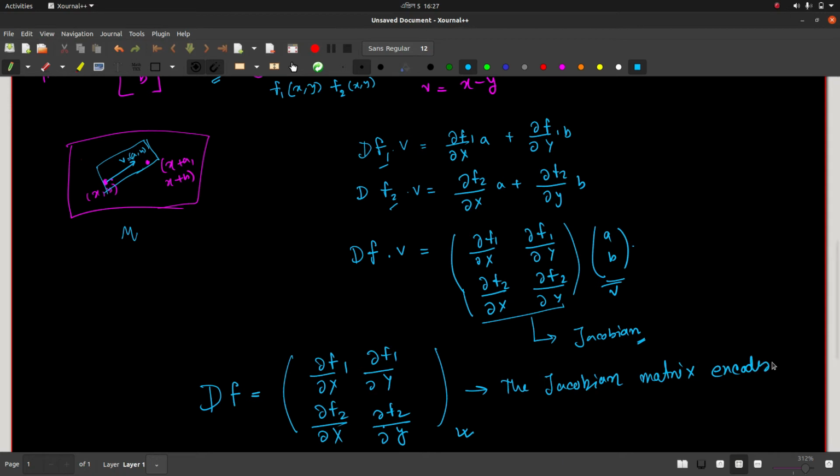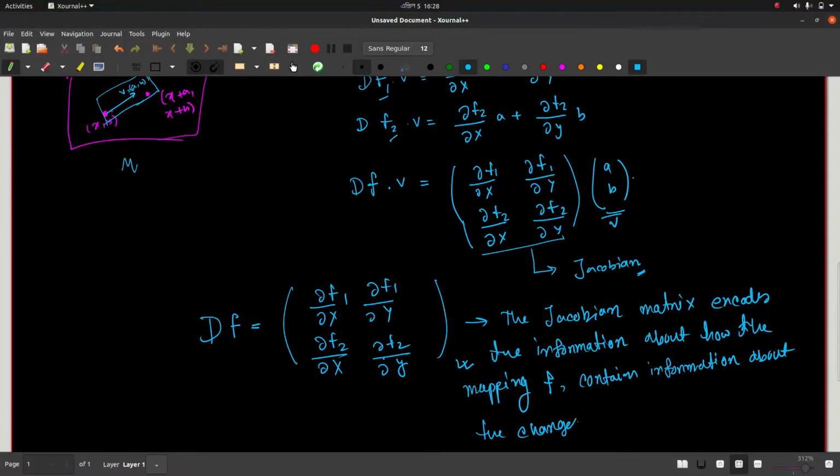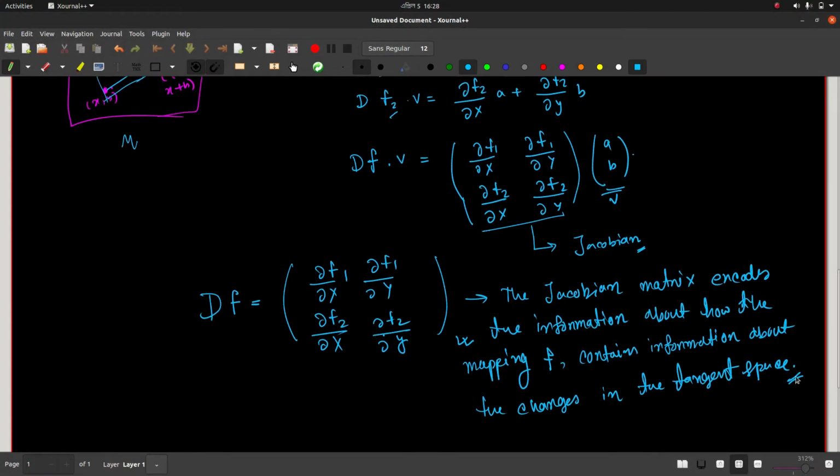encodes the information about how the mapping F contains information about the changes in the tangent space or tangent bundle, if you want to consider every point, right?